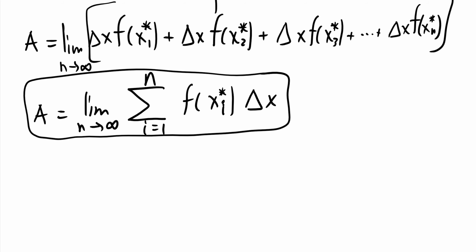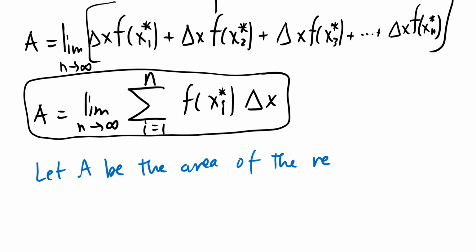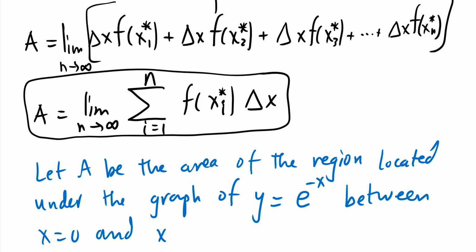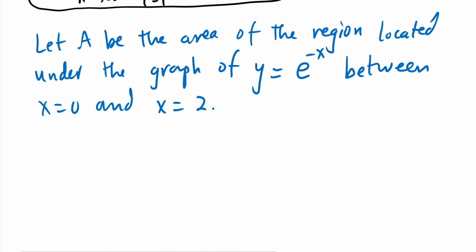So let's start with saying let A be the area of the region located under the graph of y equals e to the negative x between x equals 0 and x equals 2.